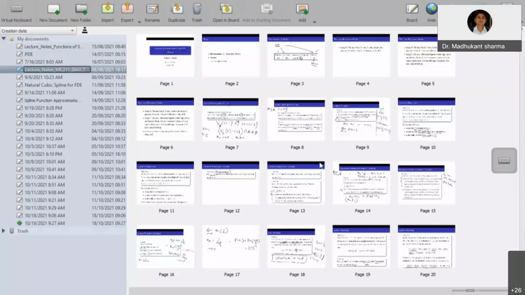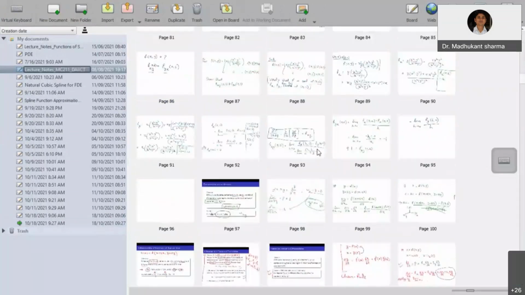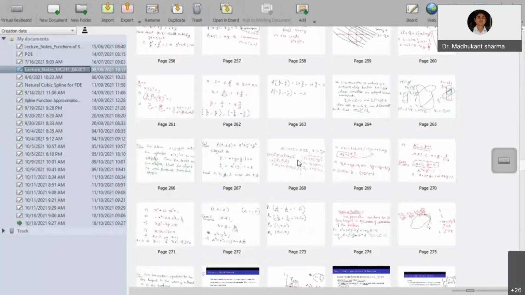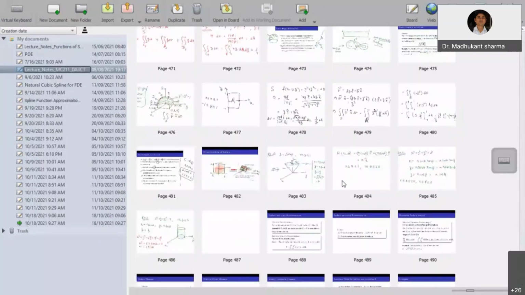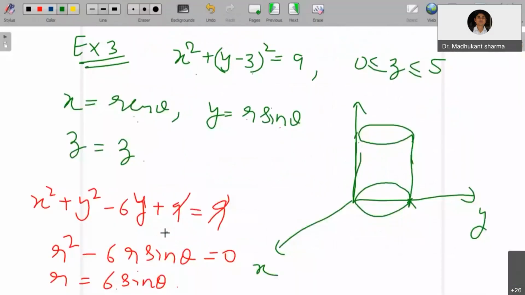Let me come to that graph. So from the origin, you always try to do. At any point, you have the equation of this circle, r equals 6 sine theta.